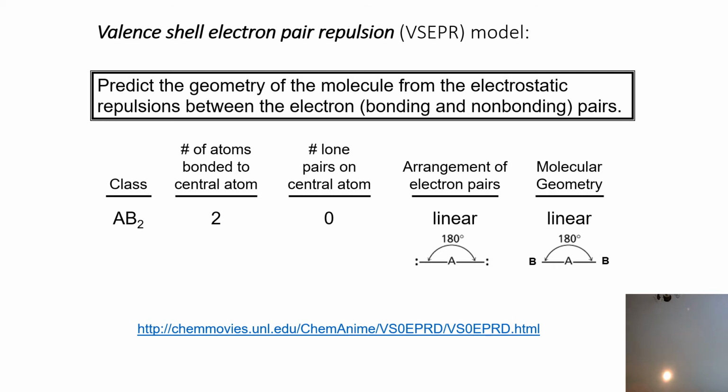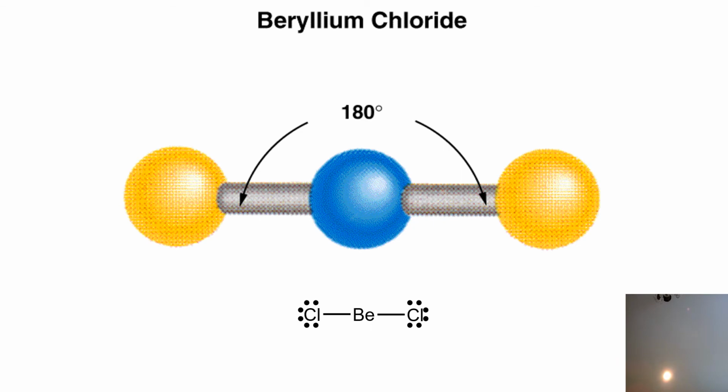One example to begin with is beryllium chloride. Remember that beryllium is an element that does not obey the octet rule. It has only two valence electrons and forms only two bonds, so it's satisfied with 4 electrons total.